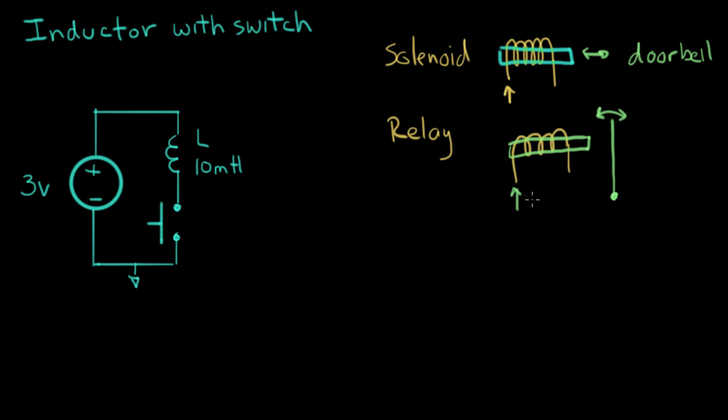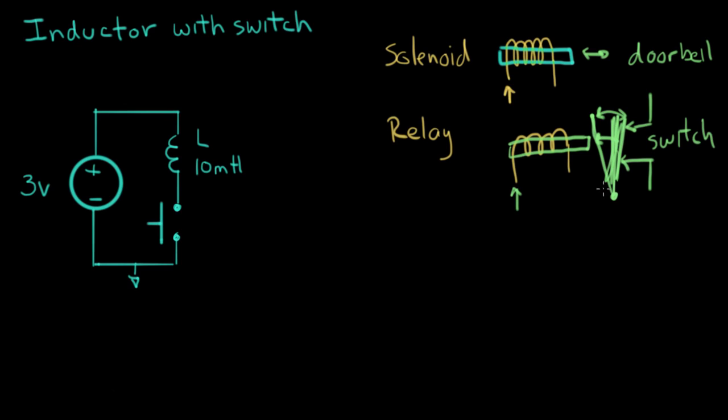When the coil is energized, this piece of metal will tip over here. And when the current stops, it'll move back to its original state. So for example, if there's a connection point here and a connection point here, this piece of metal will go from making a short across there and move away, and open and close this bigger switch. So a relay is some sort of a switch.